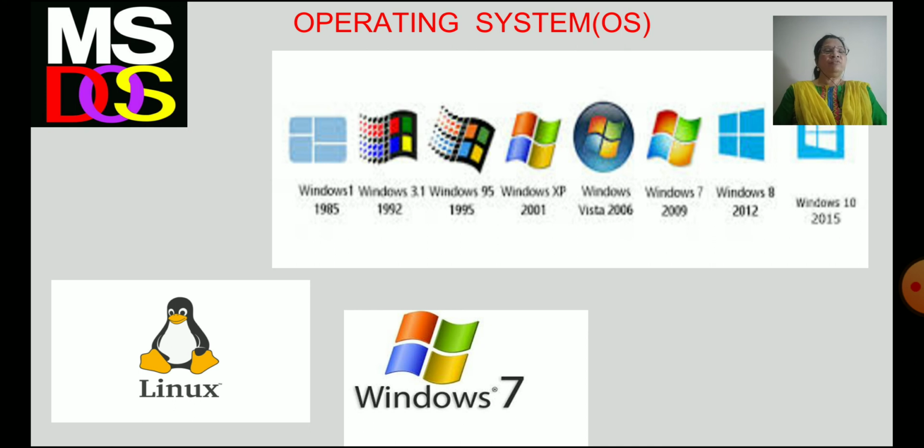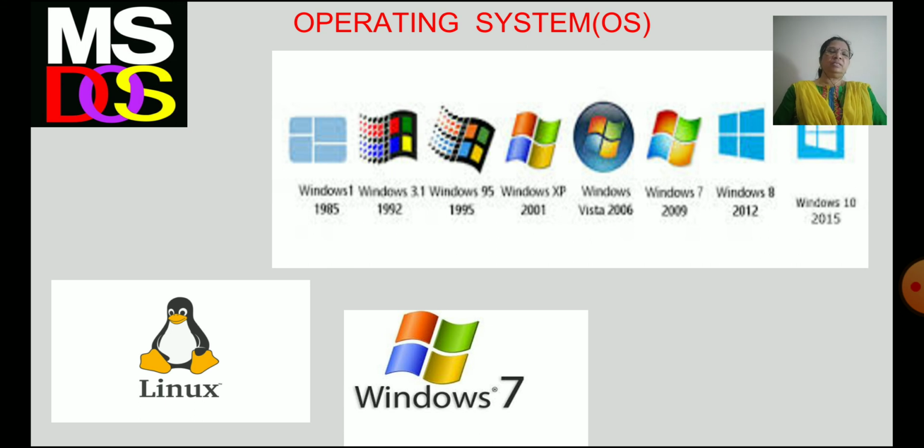So that software is known as operating system software. Once the operating system is loaded, you can see the small icons, right? So that is the graphical user interface.